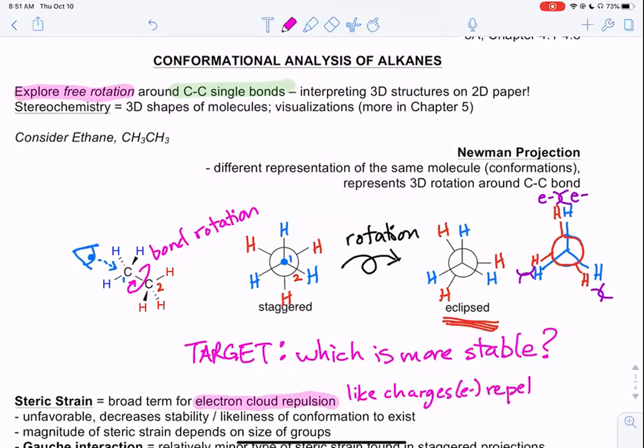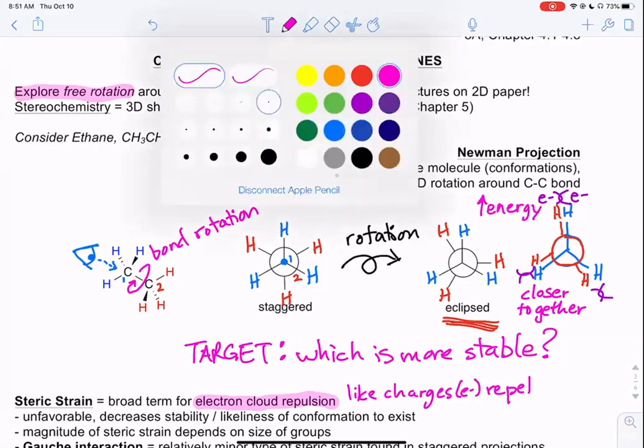So the closer together they are, as in an eclipsed, the more energy is associated with that molecule. So this is a higher energy to hold it in place. So this is actually less stable.